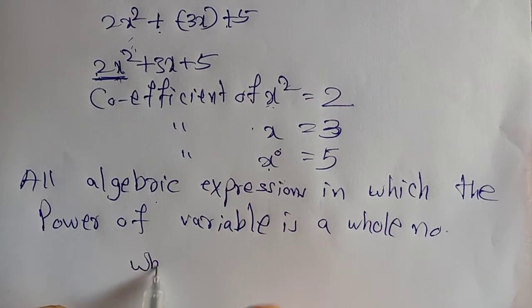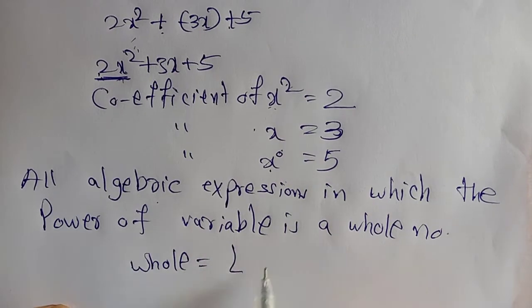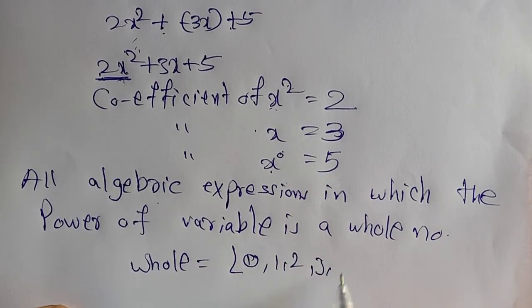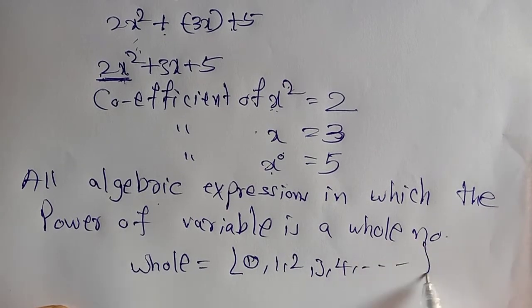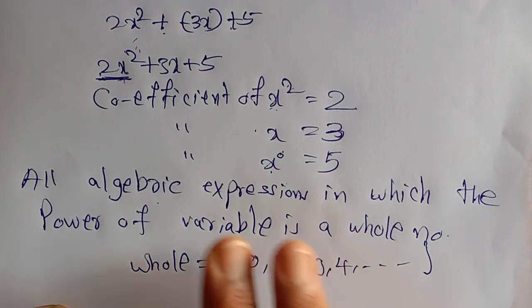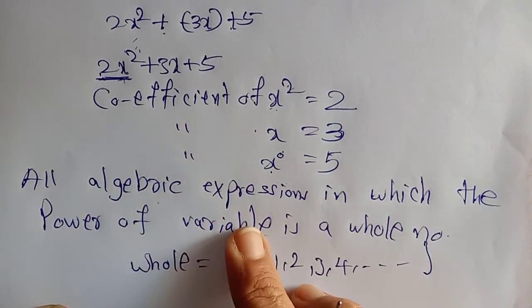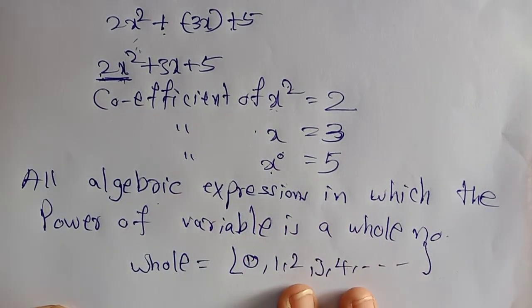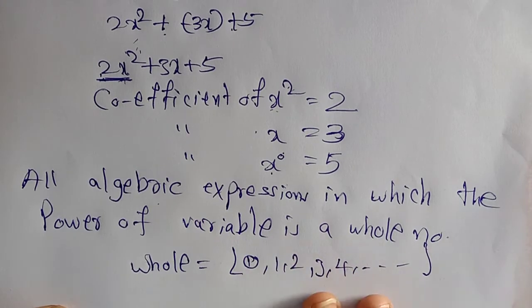So, what is the meaning of whole number? Whole number means 0, 1, 2, 3, 4, up to infinity. The power of that variable should be a whole number. Then only we can say it is a polynomial.